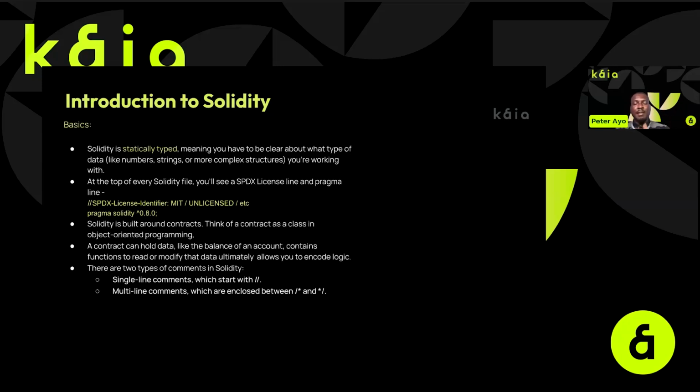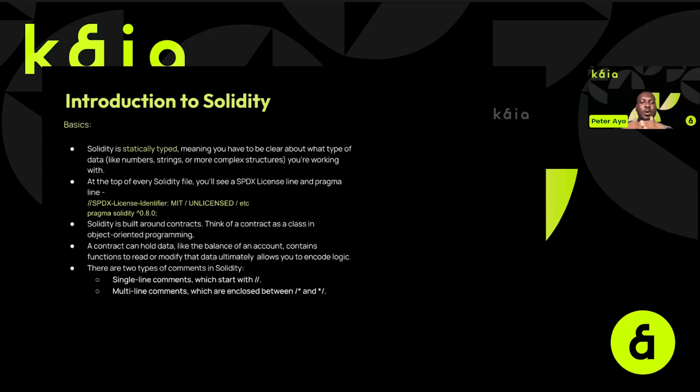Because if you use compiler version 0.8, your contracts wouldn't execute self-destruct. I hope that makes sense. So Pragma Solidity is a way to tell your Solidity file to run certain smart contract programs based on a particular compiler version.